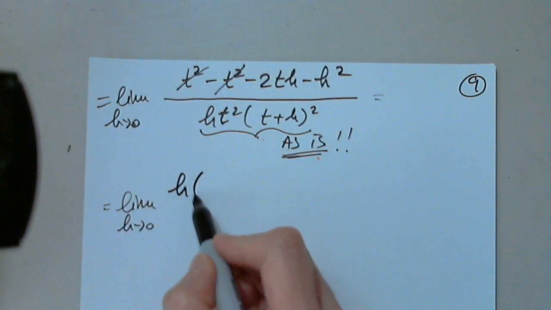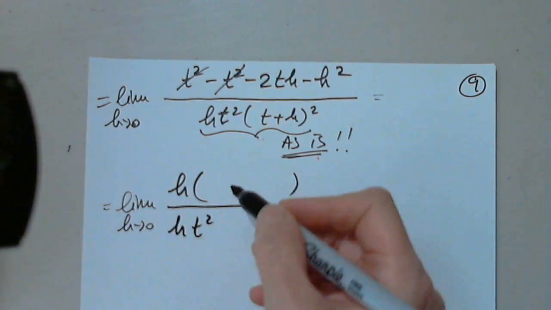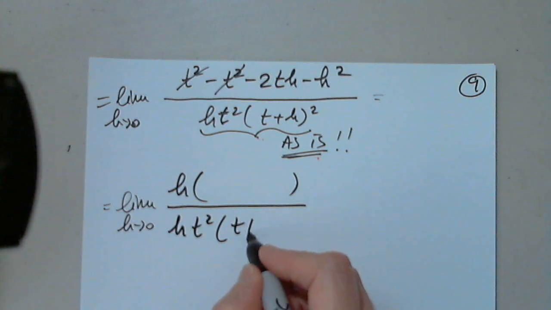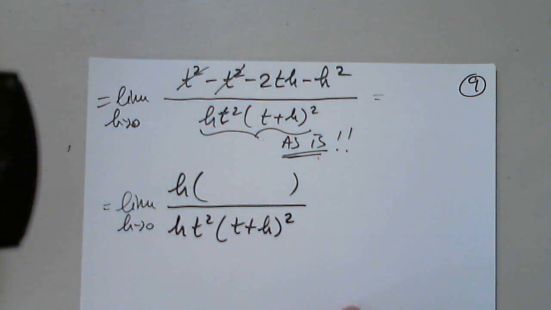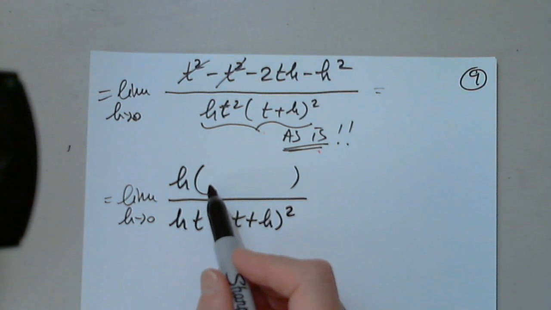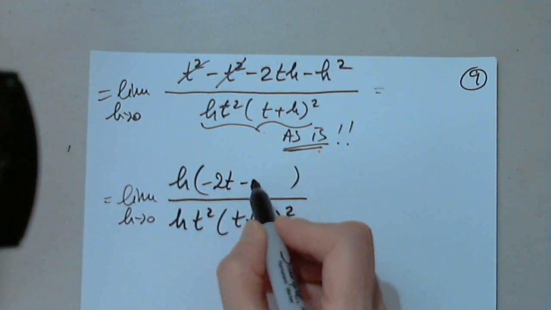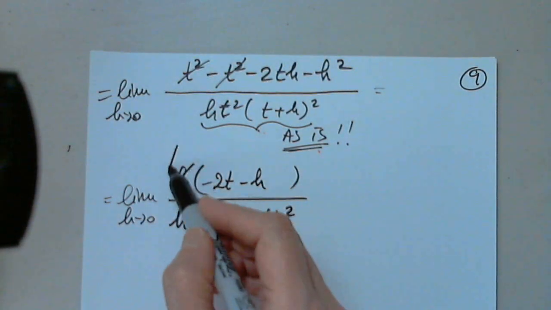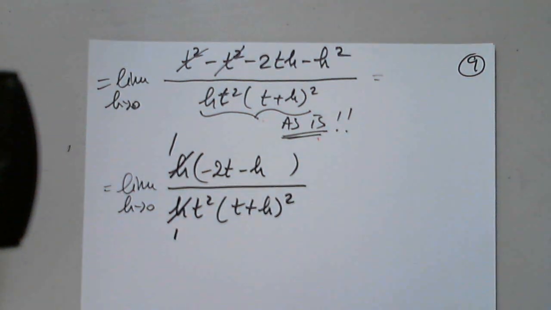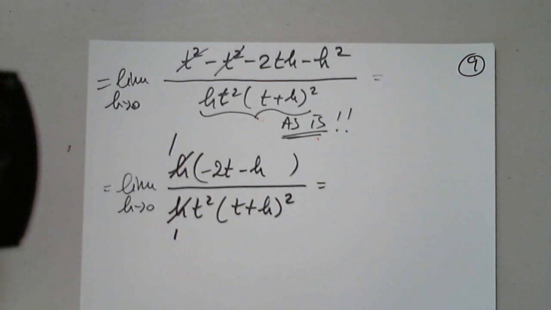Yes, of course. Factor out the h. And please tell me what is left in parentheses. Negative 2t minus h. Excellent. Of course, step number 2 is done. And now I'm applying the limit operator, and I can come up with a final answer.